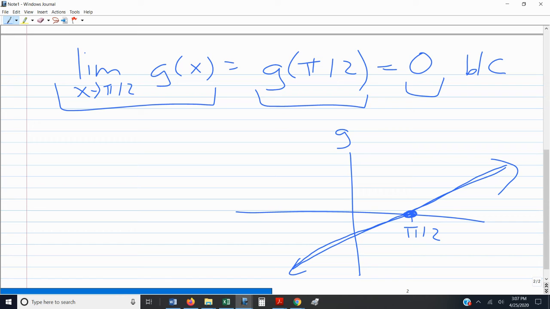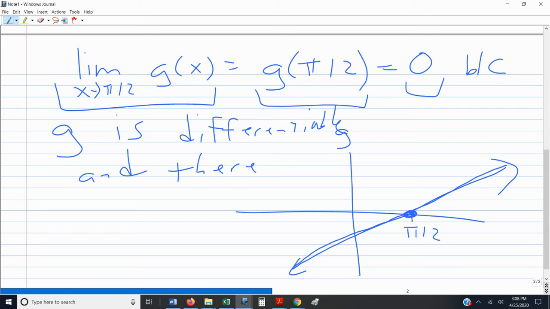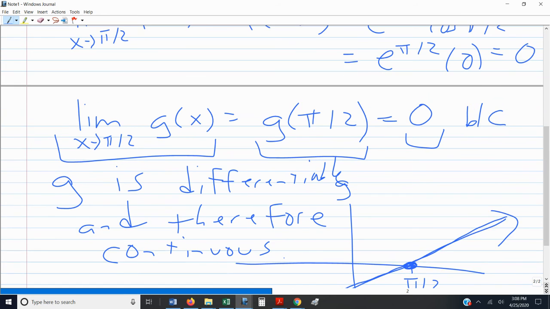So this is so tricky, but the AP exam is wanting you to write the reason you know the output is the same as the two-sided limit is because g is differentiable and therefore continuous. Okay, I'm not sure if I would have gotten that point on the test, but let's keep going.